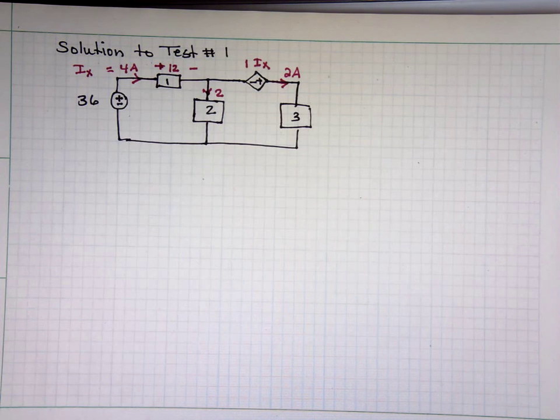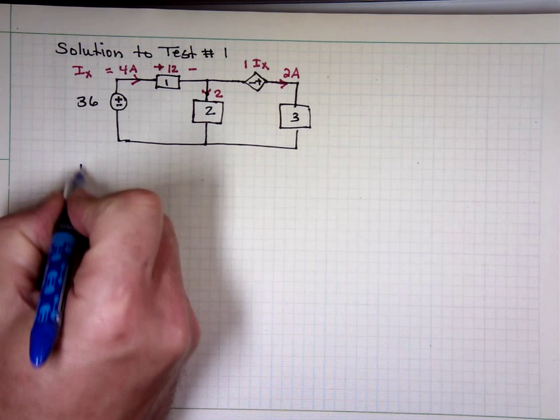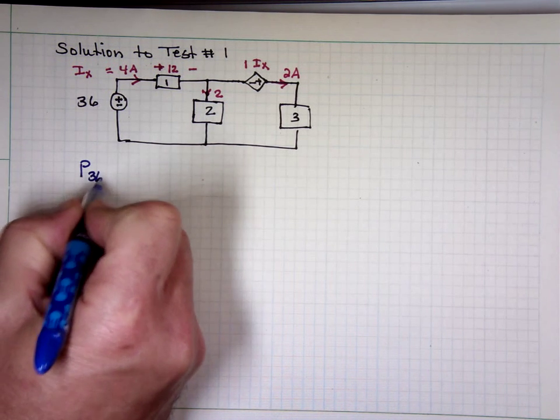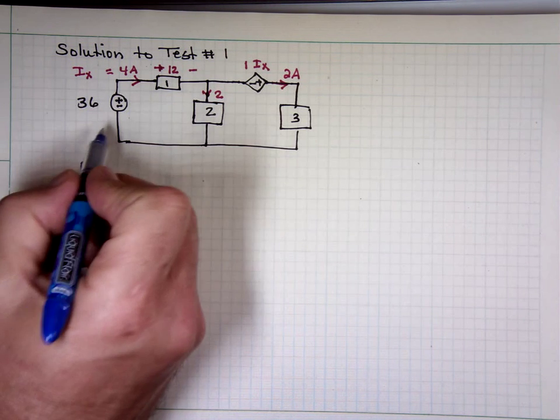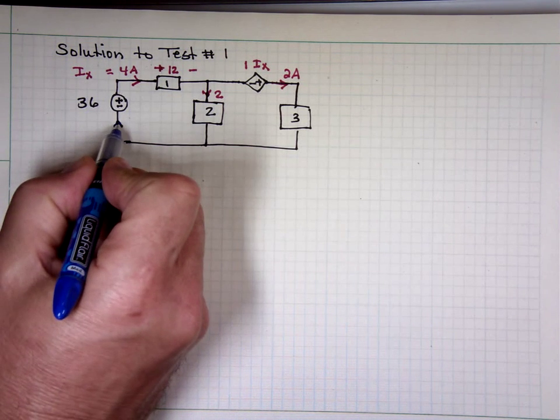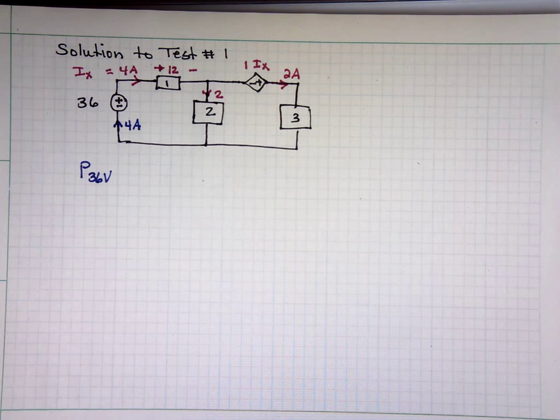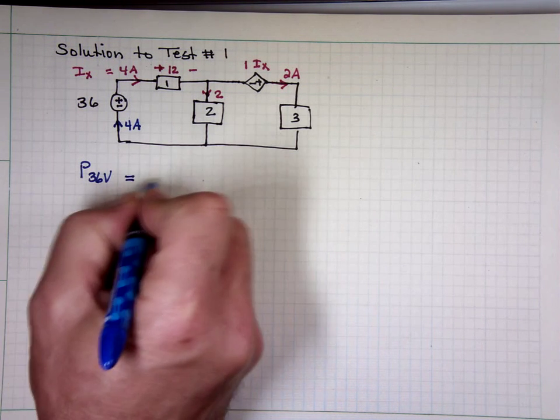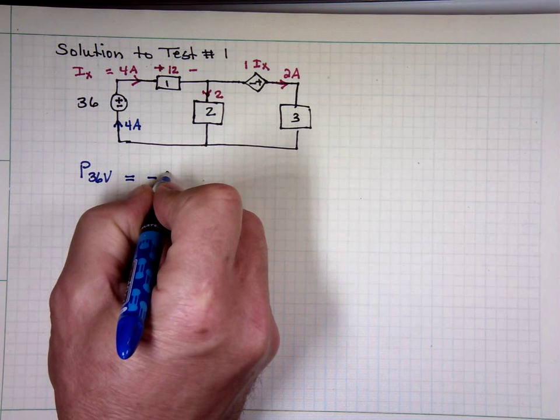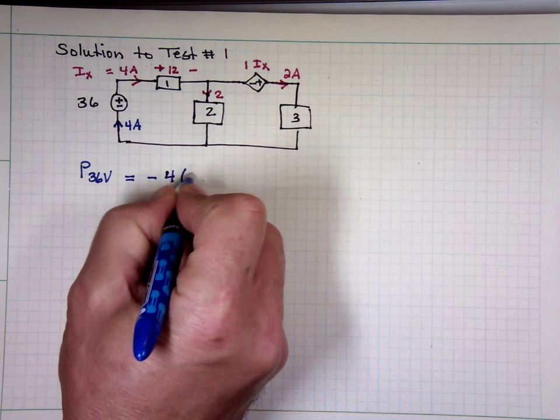And the question, can you calculate the power supplied or absorbed by each one? So let's look at this one, the source. The power by the 36 volt source. We have a current of 4 amps going this way. The 4 amps is entering which end? The minus, so it's a negative power. V times I, 4 times 36.